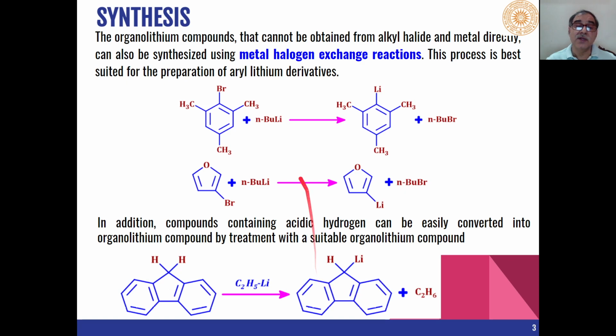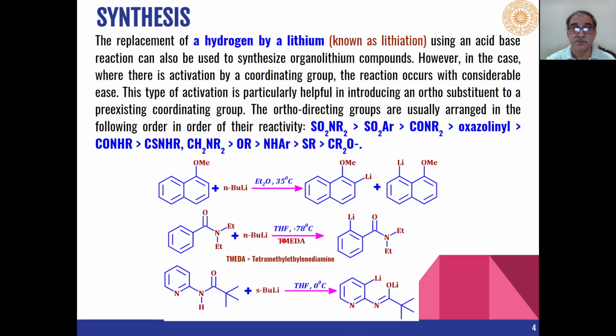So these are two very common methods for the synthesis of aryl lithium derivatives and these types of organolithium compounds. Then another method for synthesis of alkyl lithium is by replacement of a hydrogen by a lithium, and this process is known as lithiation. For example, 1-methoxynaphthalene when reacted with n-butyl lithium.